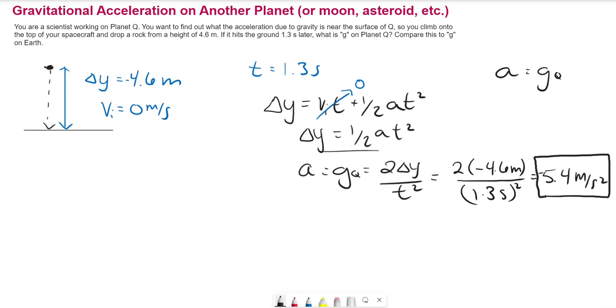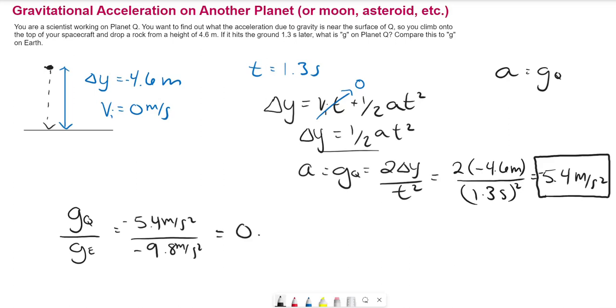So what we can do is use a ratio. So g on planet Q to g on Earth is going to equal negative 5.4 meters per second squared. Of course, it's negative. It's pulling toward the center of Earth on our planet as well, so that's negative 9.8 meters per second squared.